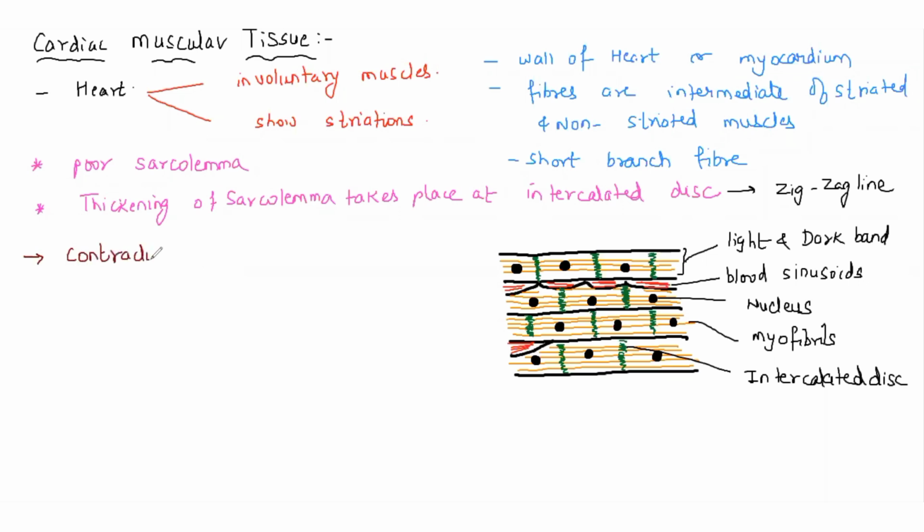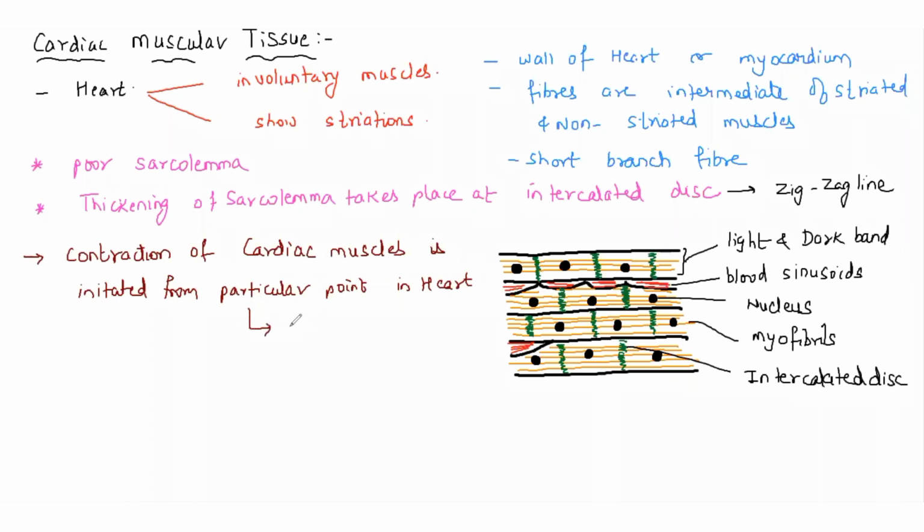Whenever we talk about the heart, we need to understand that contraction of cardiac muscle, or even the beating of the heart, is initiated at a particular point in the heart, and that particular point is called the SA node.